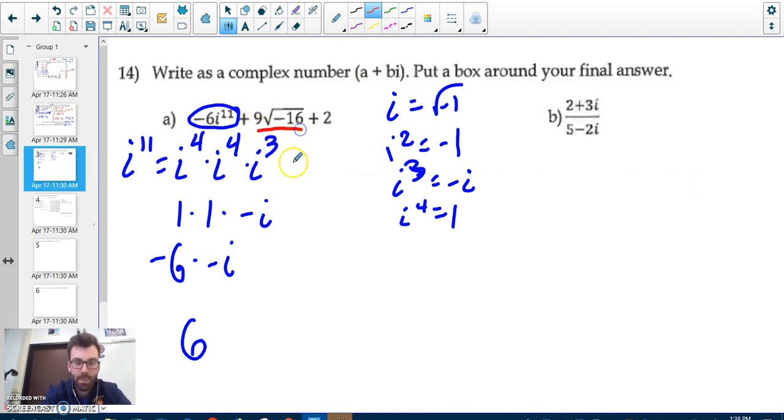This becomes 9 times the square root of negative 16, which is 4i. Sorry, there should be 6i. Well, 9 times 4i is 36i, and the 2 just comes down.